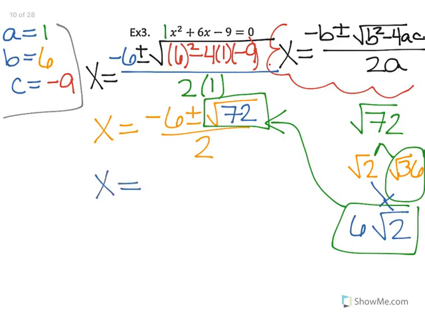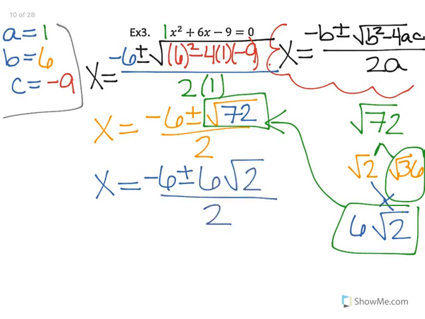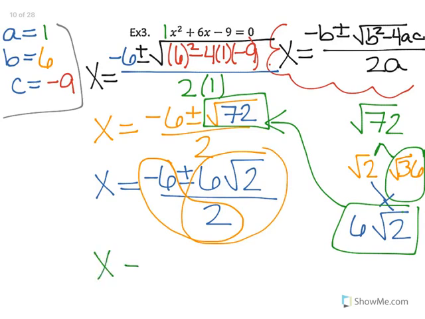Now, this 6 radical 2, it's what's going to replace radical 72 in our problem. So, we have negative 6 plus or minus 6 radical 2, all divided by 2. Last step, we simplify this as much as possible. So we're going to divide negative 6 by 2 and 6 radical 2 by 2. Negative 6 divided by 2 is negative 3.